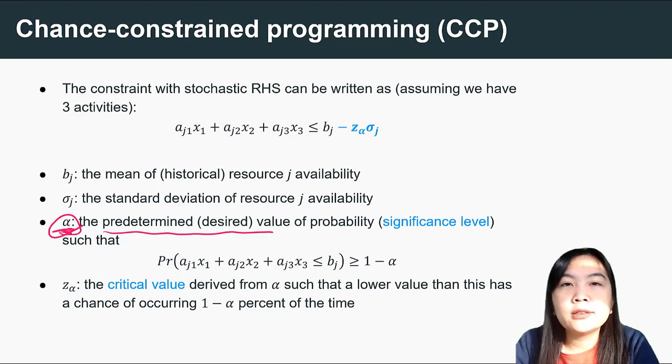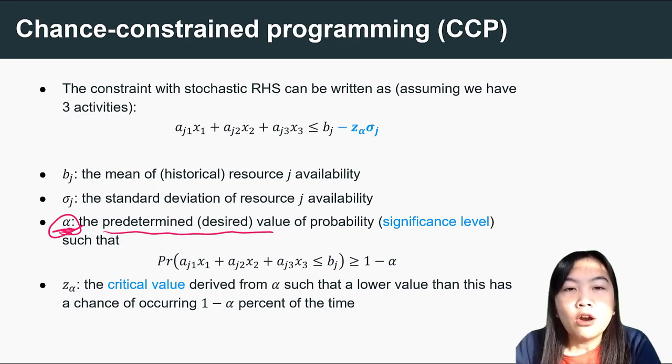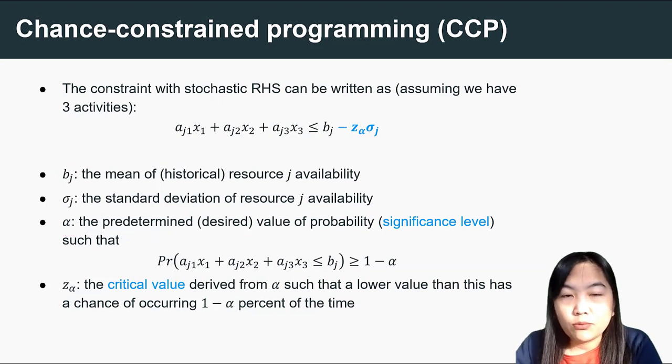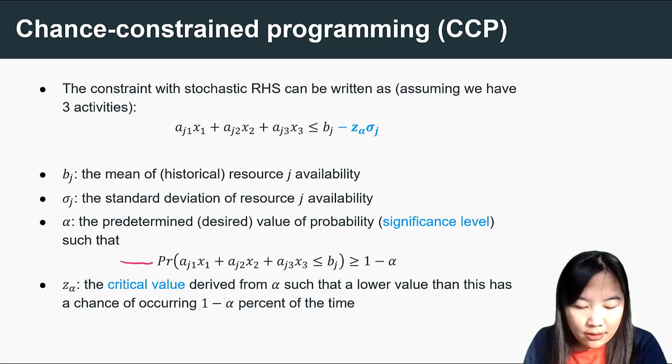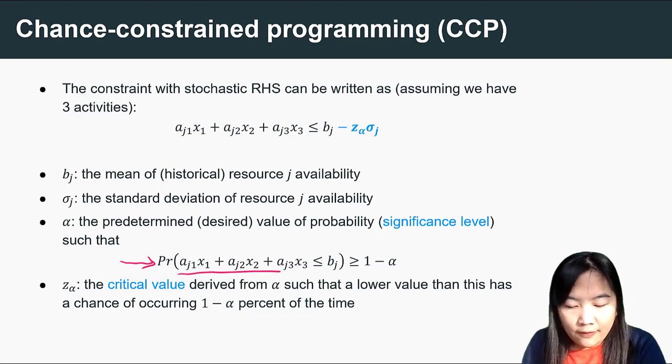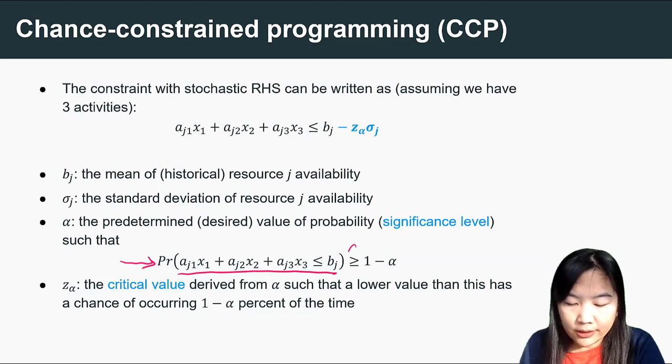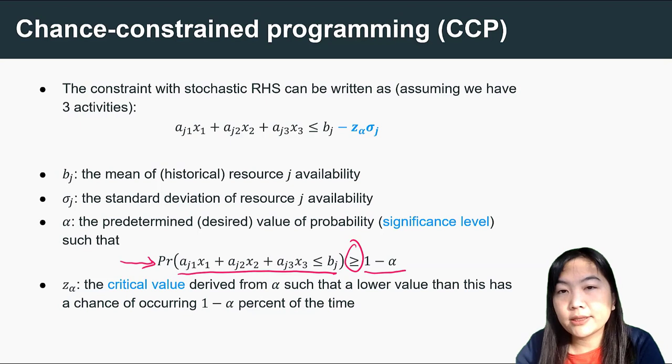So usually this alpha will be, for example, 5% or 10% or 1%. And what this alpha means is that the probability of this constraint being met is greater or equal to 1 minus alpha.